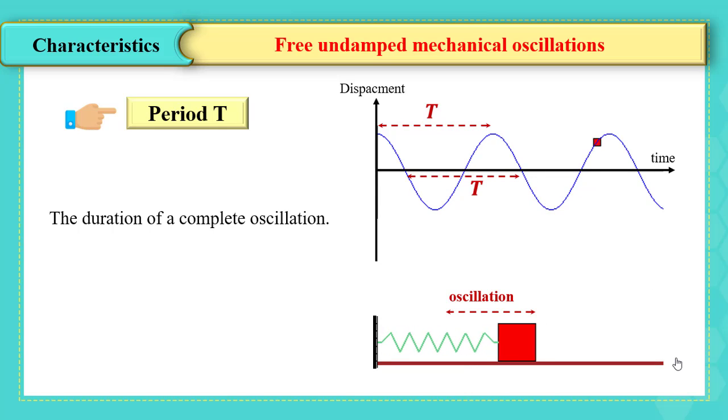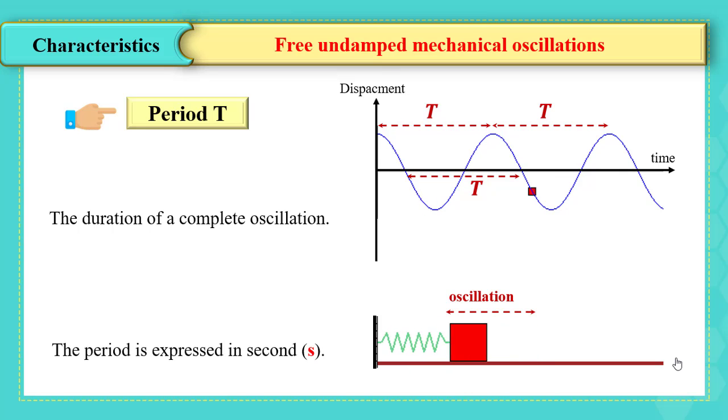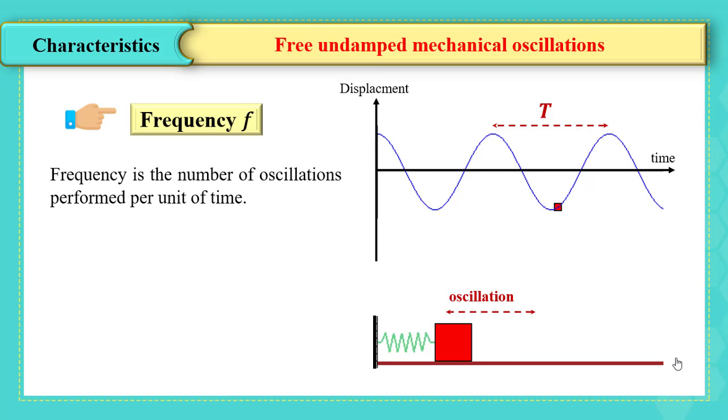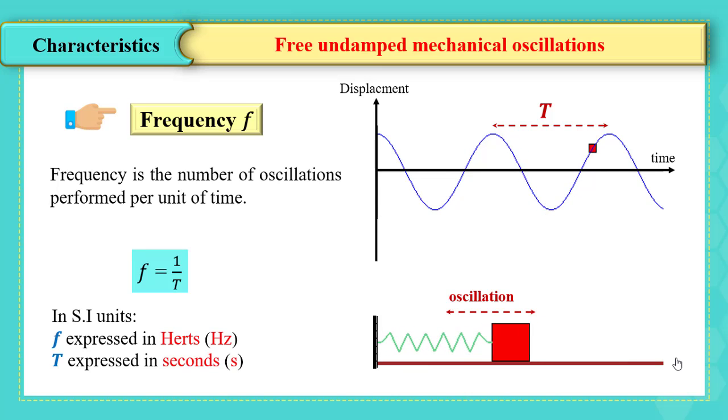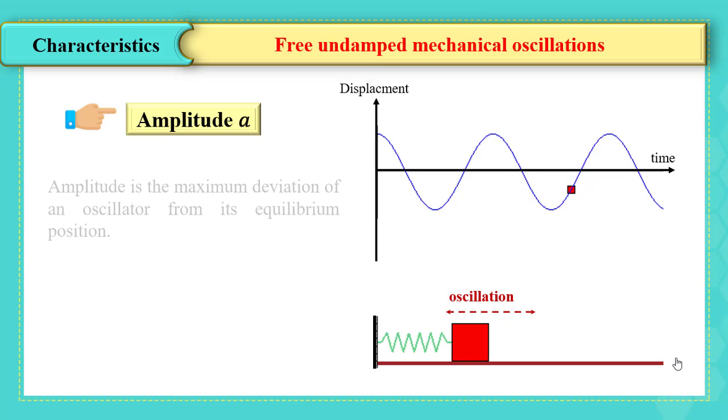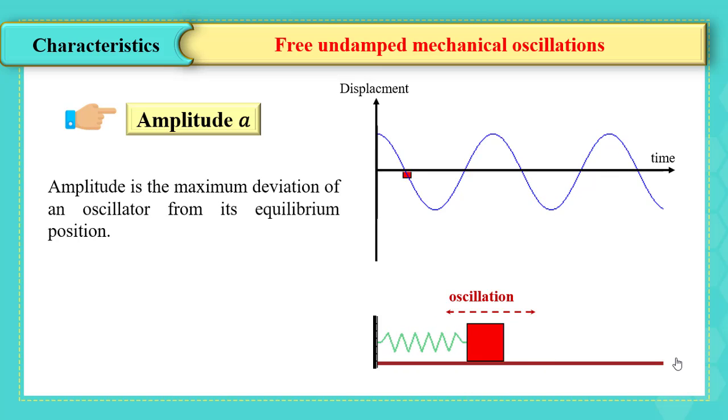It is the time taken by one cycle, as shown in the figure. It is expressed in seconds. Then we have frequency, which is the number of oscillations performed per unit of time, and it's expressed with f equals 1 over T. Its unit is hertz when the time is taken in seconds. Finally, the amplitude, which is the maximum deviation of an oscillator from its equilibrium position.